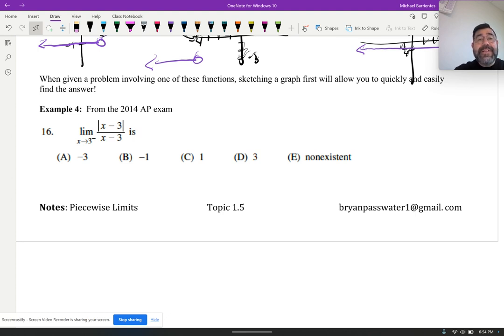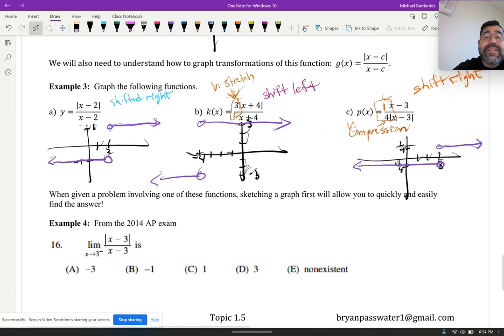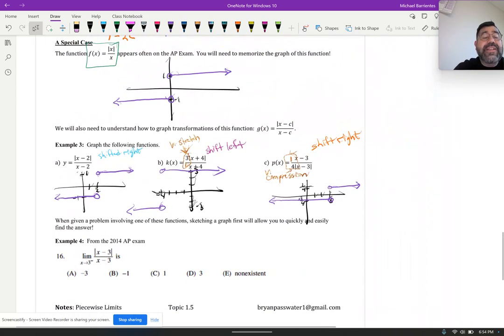I'm going to let you do that. Figure out which one you think it is, bring it to class, and we'll talk about it then. This is a very special case of piecewise function, the absolute value of x over x and all of its transformations. We know what it's going to look like, and you can get that answer fairly quickly.